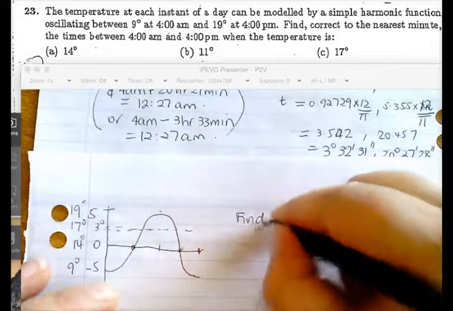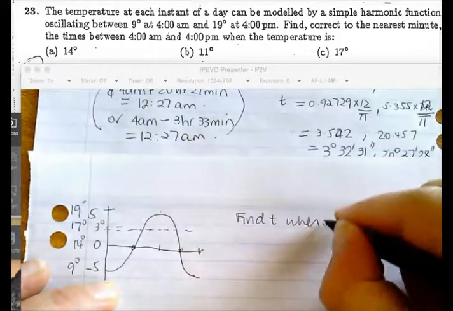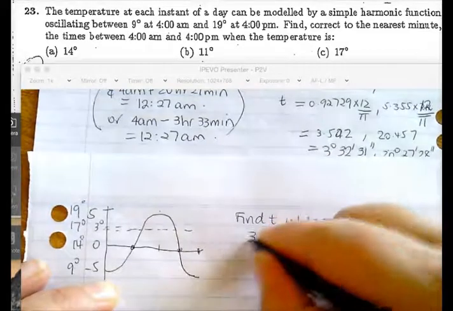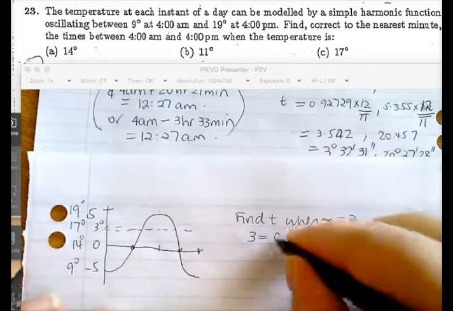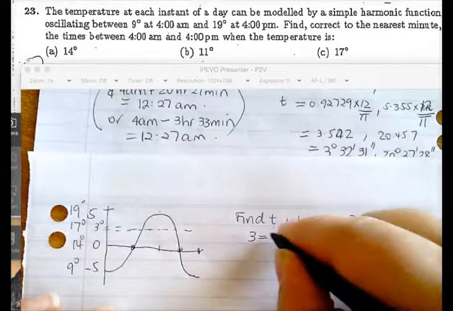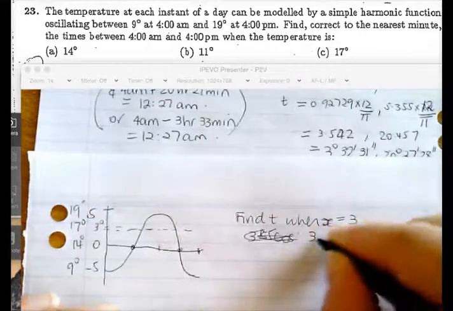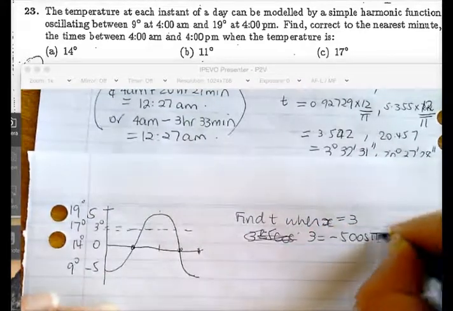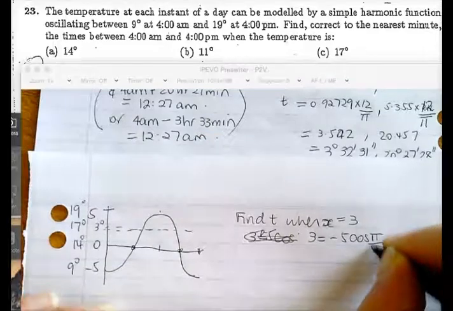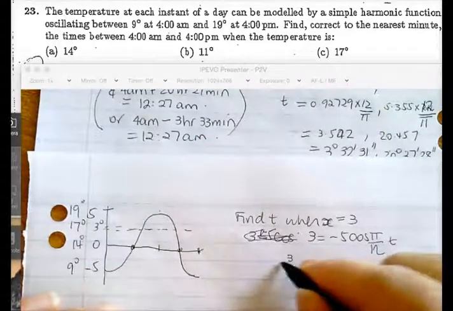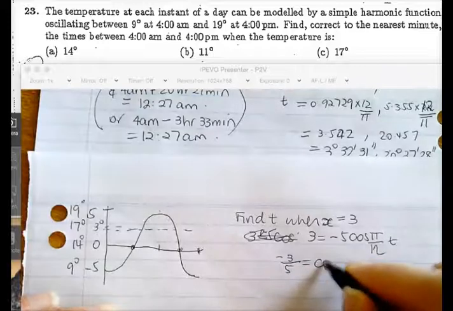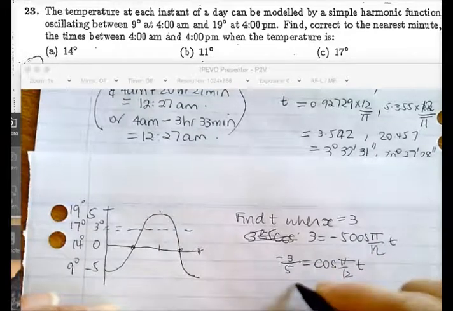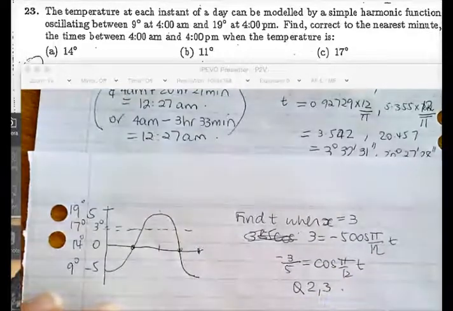So find T when X equals 3. So we've got 3 equals, girls, it's the same angle, so don't worry, 3 equals negative 5 cos pi on 12 T. So cos is -3/5. So it's just quadrants 2 and 3 where cos is negative.